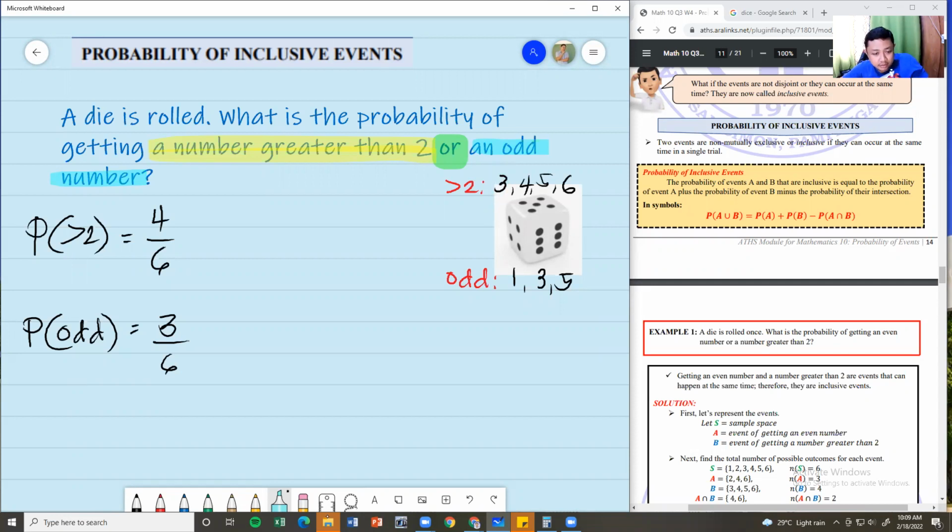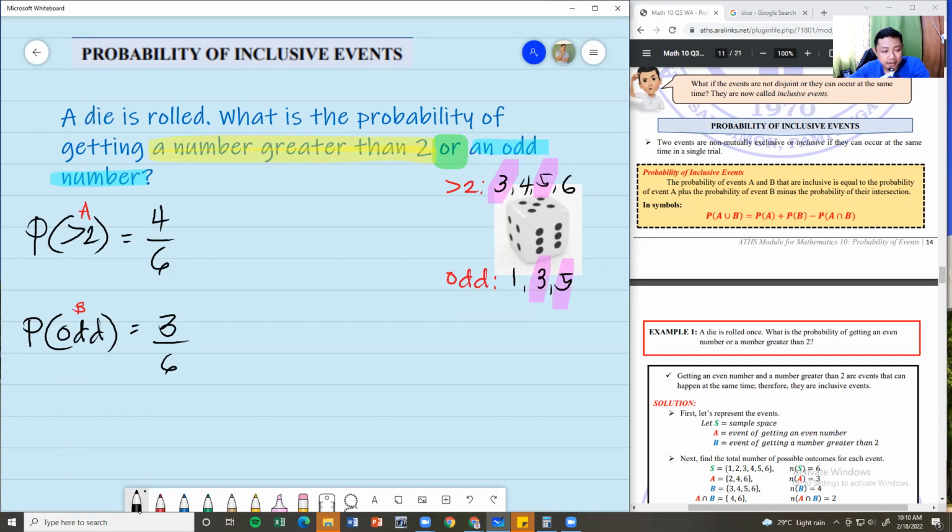Let me change the color. Pink, we have the 3 and the 5. And so therefore, that becomes their intersection. Kasi meron silang pareho, meron silang common. I hope you remember our intersection of events from our last week's lesson. So therefore, let this be our event A and let this be our event B.